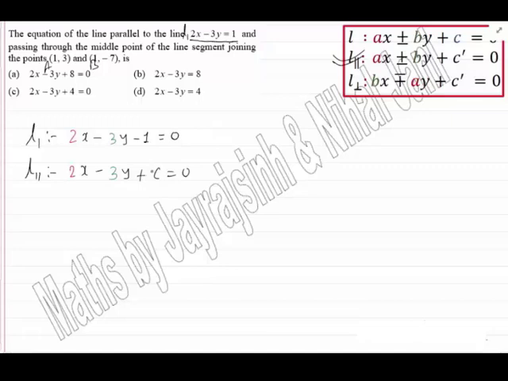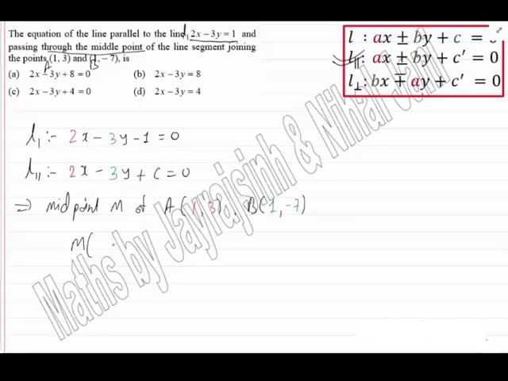Now to find this c we will use the second condition, which is that it is passing through the midpoint. So first of all we have to find the midpoint M of A and B. So let's find out the midpoint.